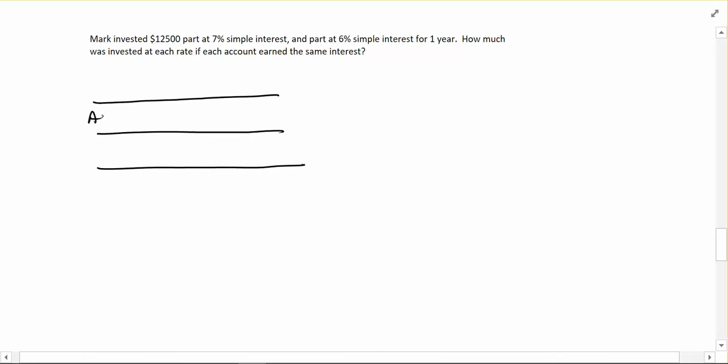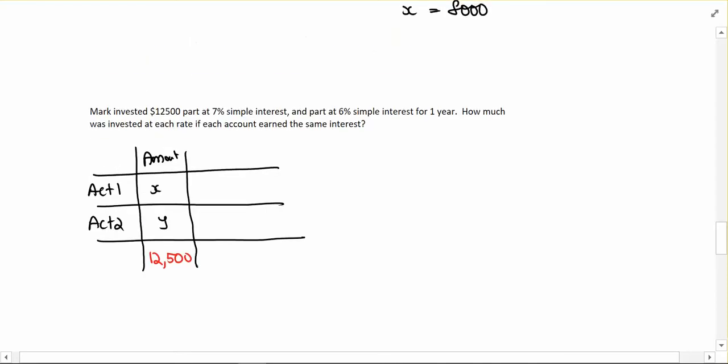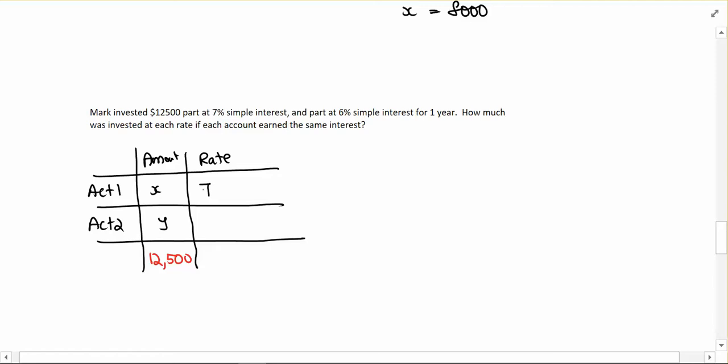We have account 1, account 2, and we have this number 12,500, and that's the amount. So x and y. And the interest rate, so this is 7%, this is 6%.